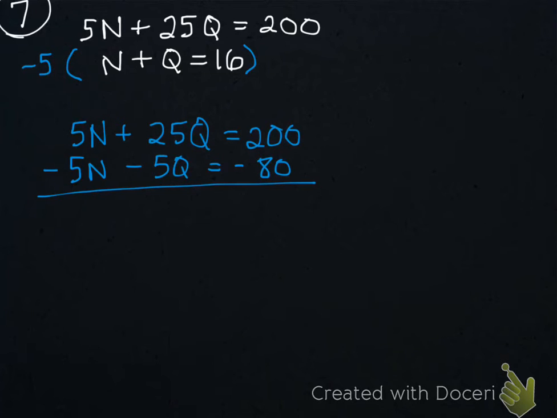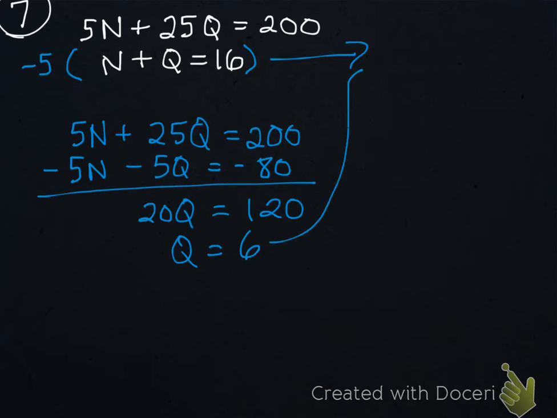Add them together. The nickels cancel. 25 minus 5 is 20. So I have 20q equals 120. So q equals 6. Now I can plug that back in. So I know that the number of quarters and the number of nickels equals 16.